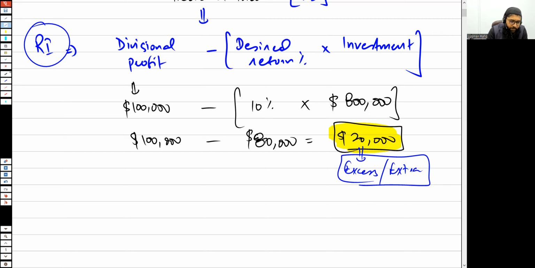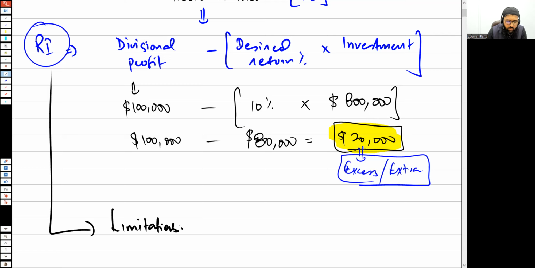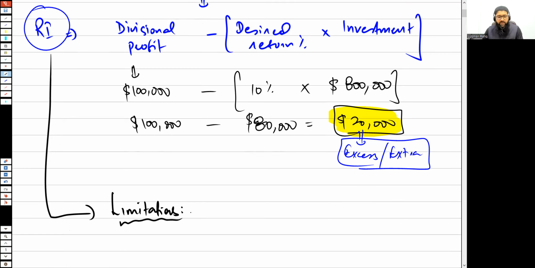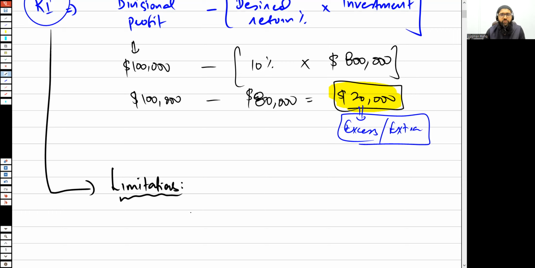Now, the problem with residual income is that it has certain limitations. What exactly are those limitations? The profit being used is subject to accounting rules and regulations.